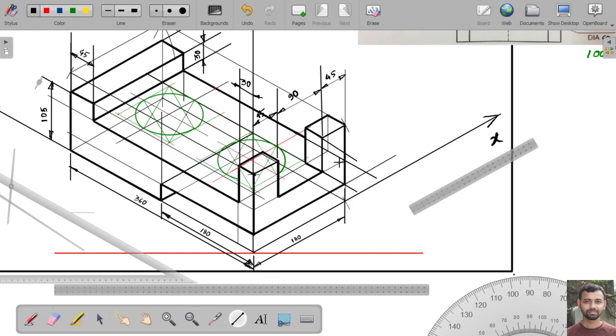This one is 30. This one is 45. This one is 60. Okay.